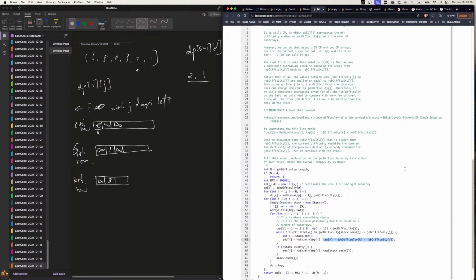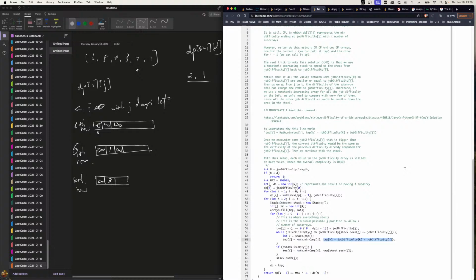If all the values between some job difficulty K to J, which is the current one, are smaller or equal to job difficulty J, then as we go from J to K, the difficulty of the subarray does not change and it remains job difficulty J. Yes.